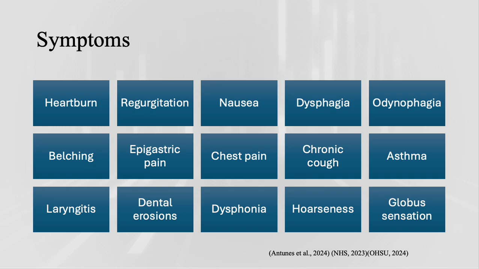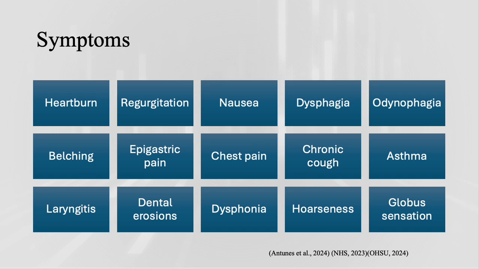So we've already touched on a few of these symptoms, the classic symptoms of GERD being heartburn and regurgitation. A few of the atypical symptoms, someone may present with chest pain, or it might manifest as asthma, laryngitis, dental erosions.